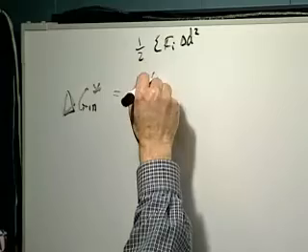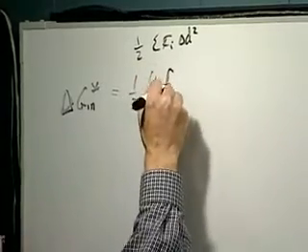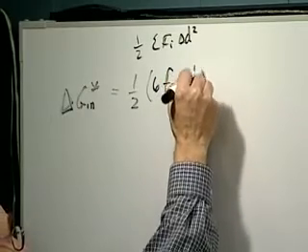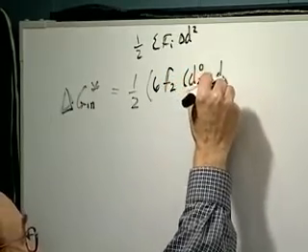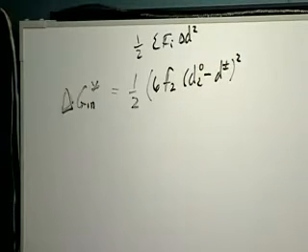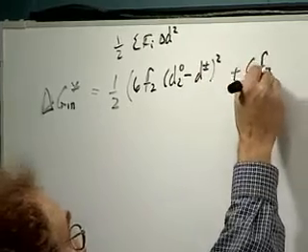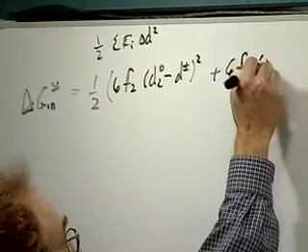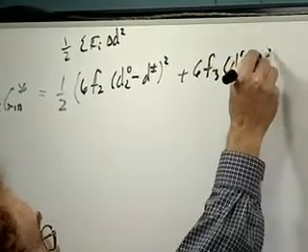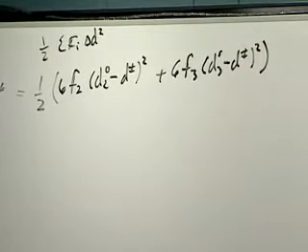There are six bonds, so there's the force constant for iron 2 times (d20 minus d transition state) squared, plus six iron 3 plus force constant times (d30 minus d transition state) squared.